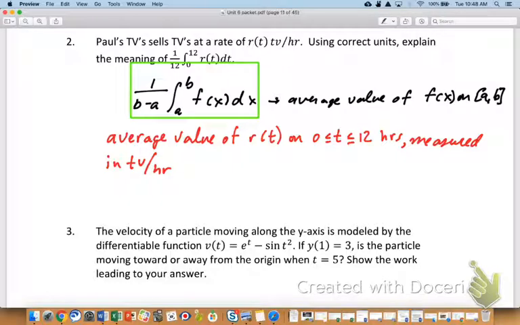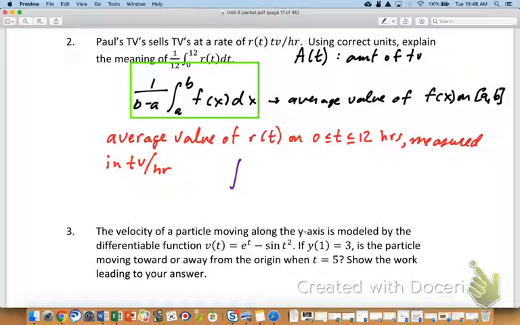So check this out, Luke, and anybody else that wants to see this. If I have the definite integral of a rate, let's define something. Let's say that A of t is the amount of TVs.